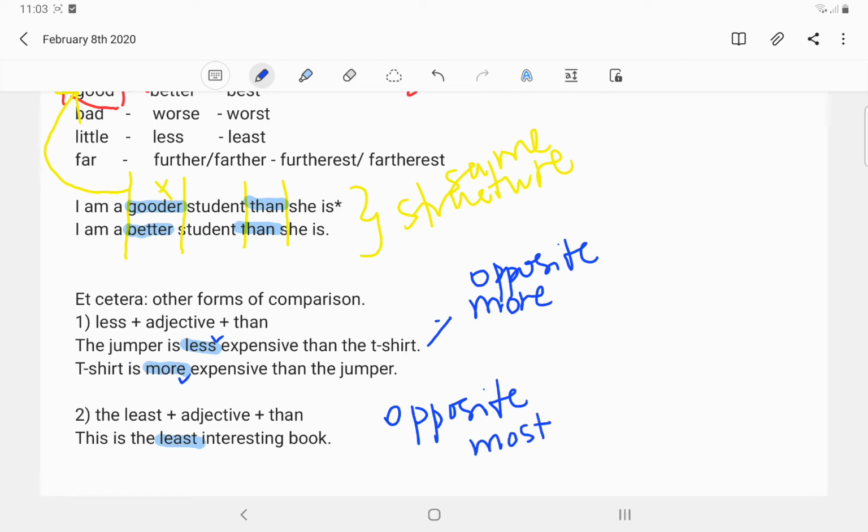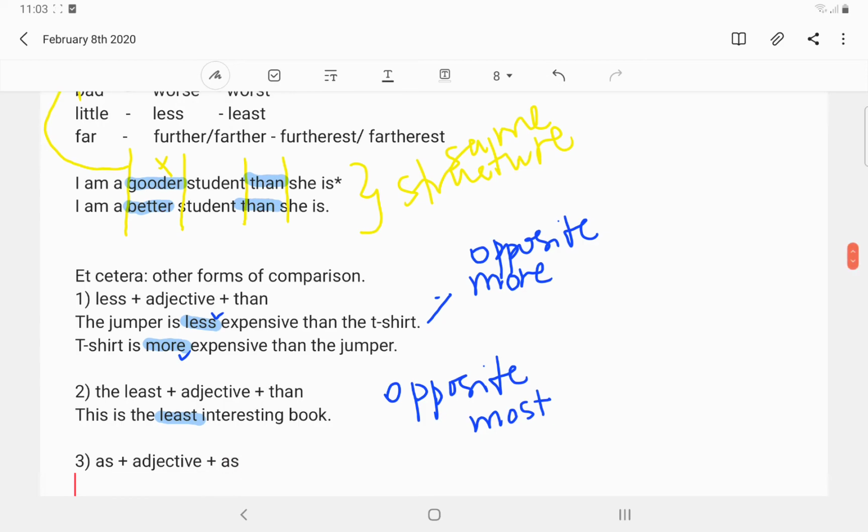Okay, so we move on to the next one, the third structure. The third structure is S plus adjective plus S. So maksudnya sama. So the skirt is as colourful as the t-shirt.